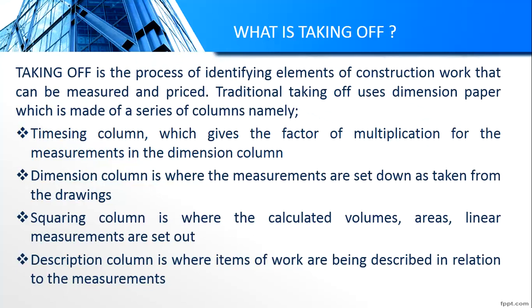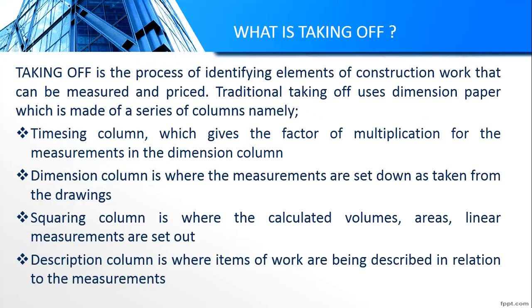About the dimension column, this is where you set down measurements from the drawing. If you get some measurements from your architectural drawing or your structural drawing and you want to record them in your taking off sheet, the place where you record them is called the dimension column.